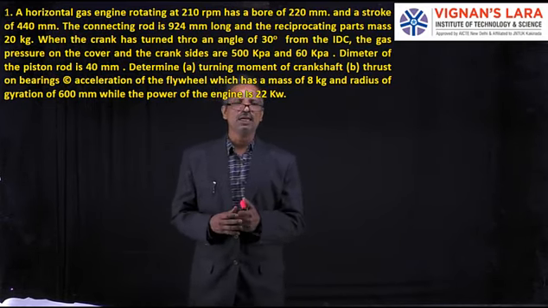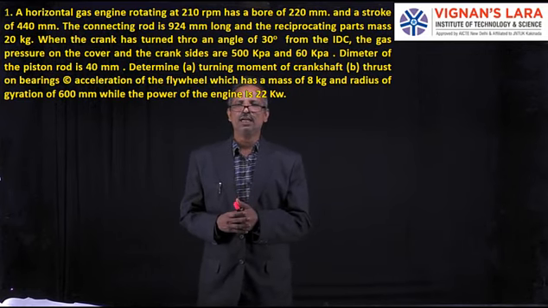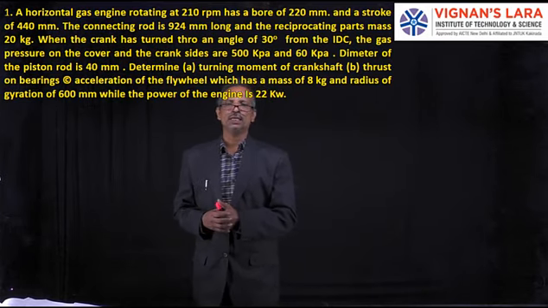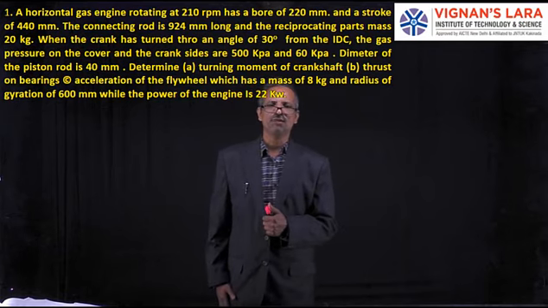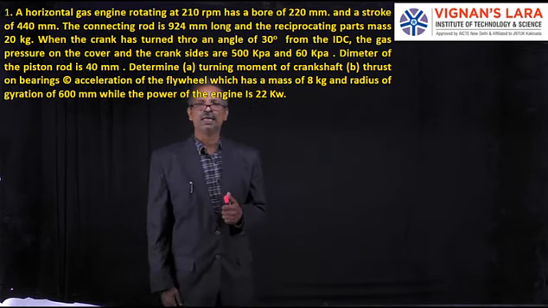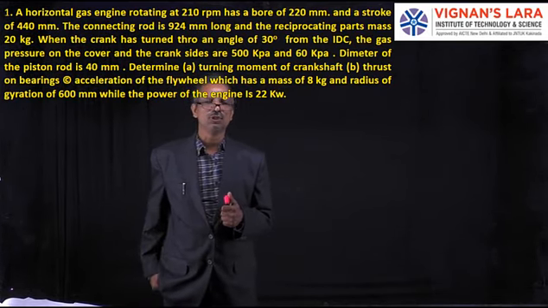The diameter of the piston rod is 40 mm. Determine, part A, turning moment of the crankshaft; part B, thrust on bearings; and part C, acceleration of the flywheel, which has a mass of 8 kg and a radius of gyration of 600 mm, while the power of the engine is 22 kilowatt.